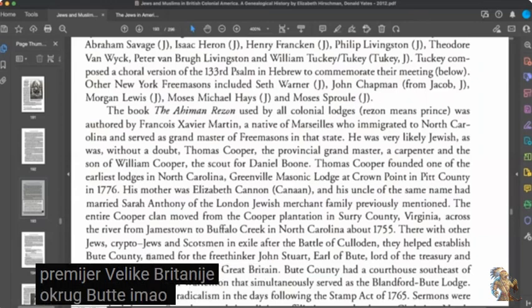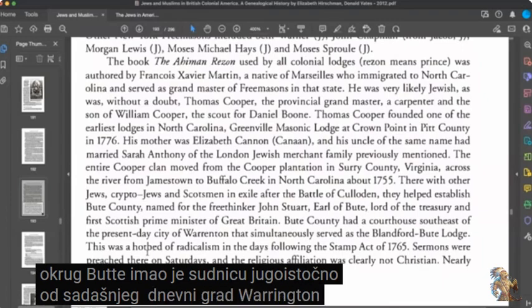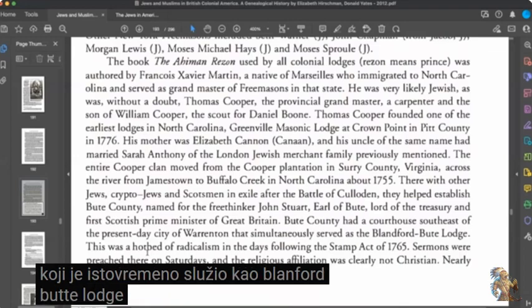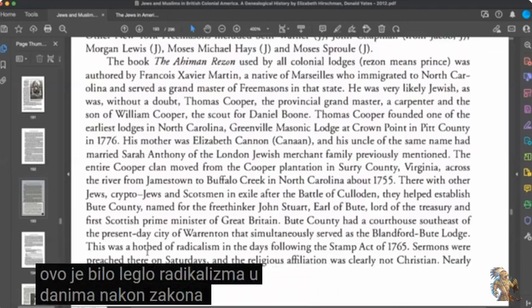Bute County had a courthouse southeast of the present-day city of Warrenton that simultaneously served as the Blandford Bute Lodge. This was a hotbed of radicalism in the days following the Stamp Act of 1765.